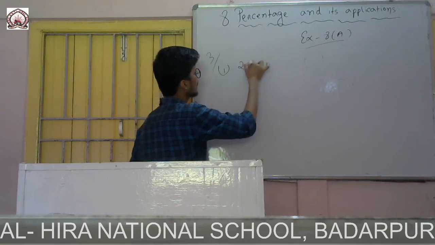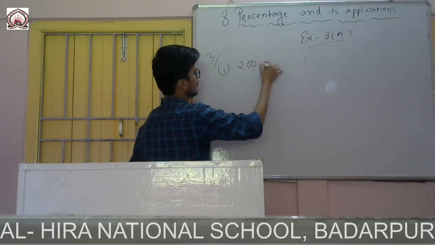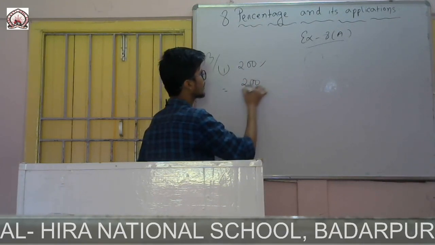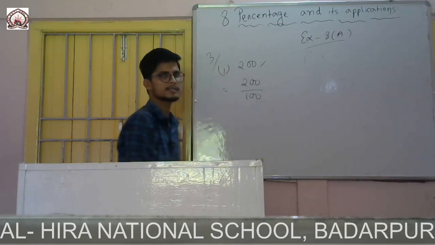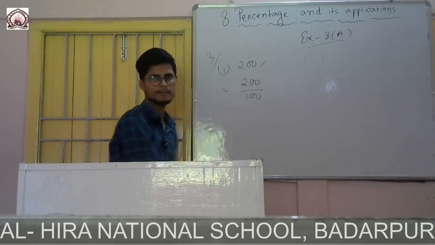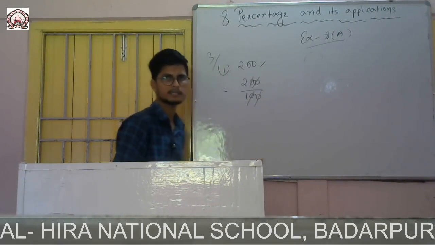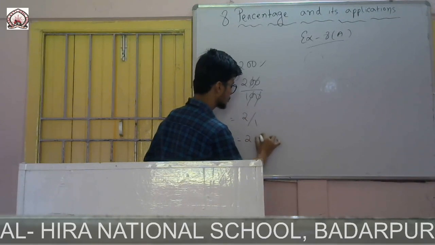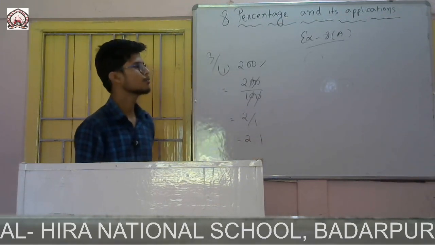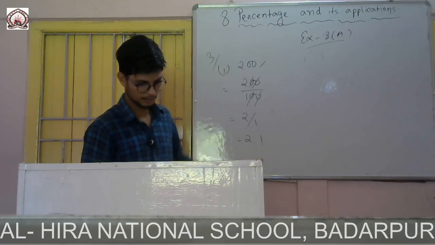Simply I have to convert it into a ratio. 200% means 200 by 100. I simply remove the percentage sign; to remove it, I have to divide by 100. There are 2 0s, there are also 2 0s. I can cancel these. What is left? 2 by 1. And 2 by 1 is equal to 2:1. So this is in ratio.